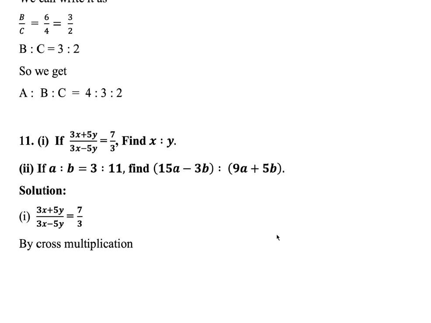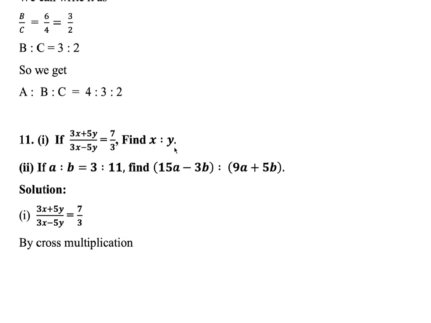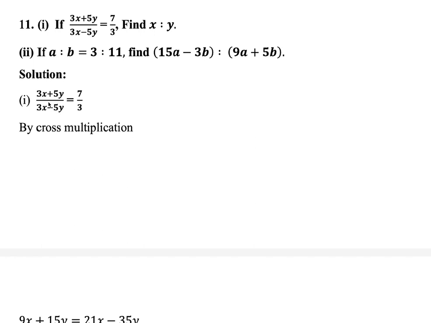Come to the next problem. If 3x plus 5y divided by 3x minus 5y is equal to 7 by 3, find x is to y. So first I will write 3x plus 5y divided by 3x minus 5y is equal to 7 by 3.